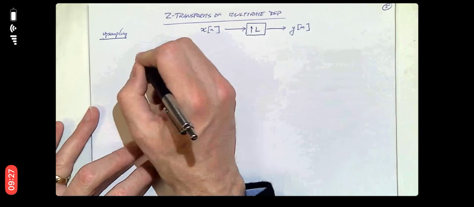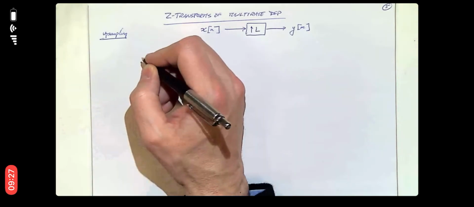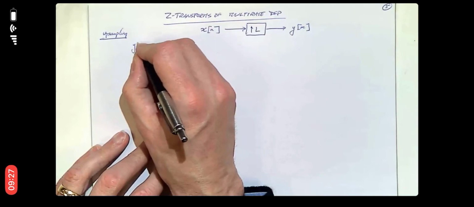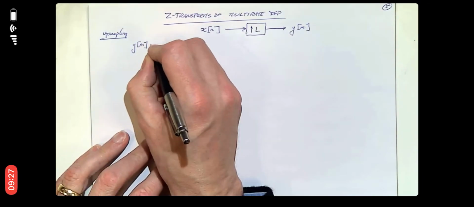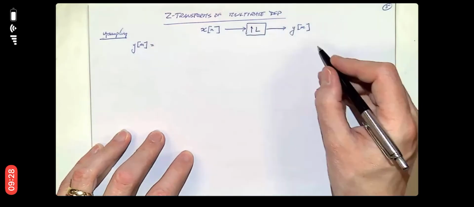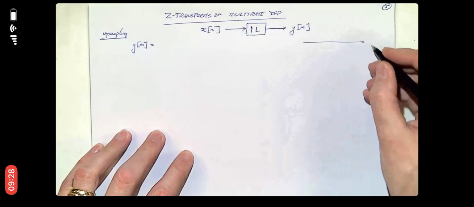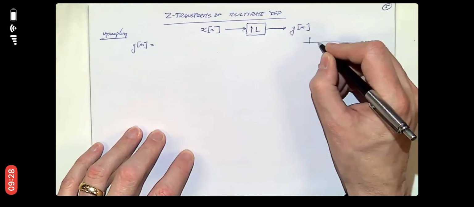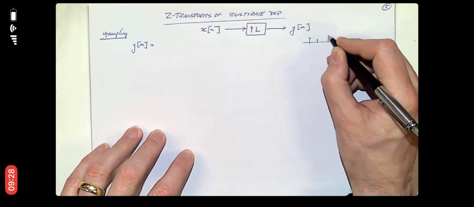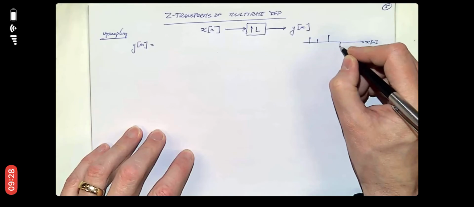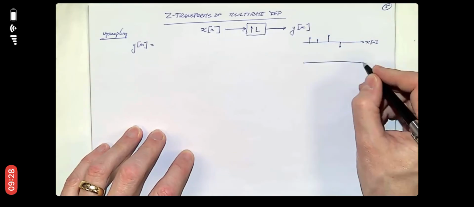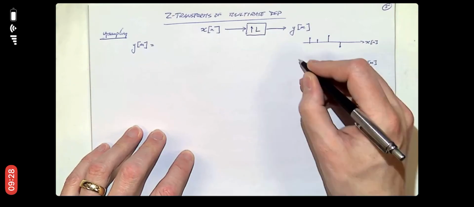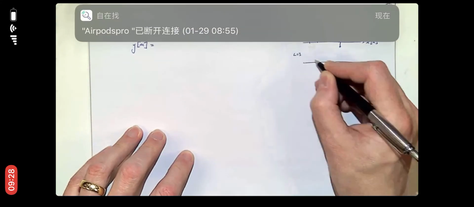Let's have a look at a picture for what this looks like. Here's our x of n coming in, and let's suppose L is equal to 3.